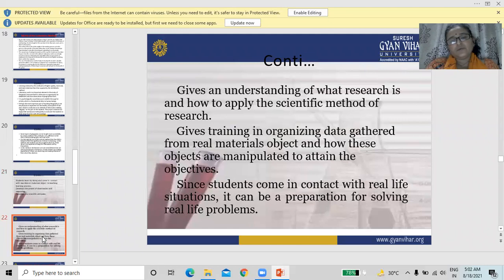Since a student comes in contact with real life situations, it can be preparation for solving real life problems.